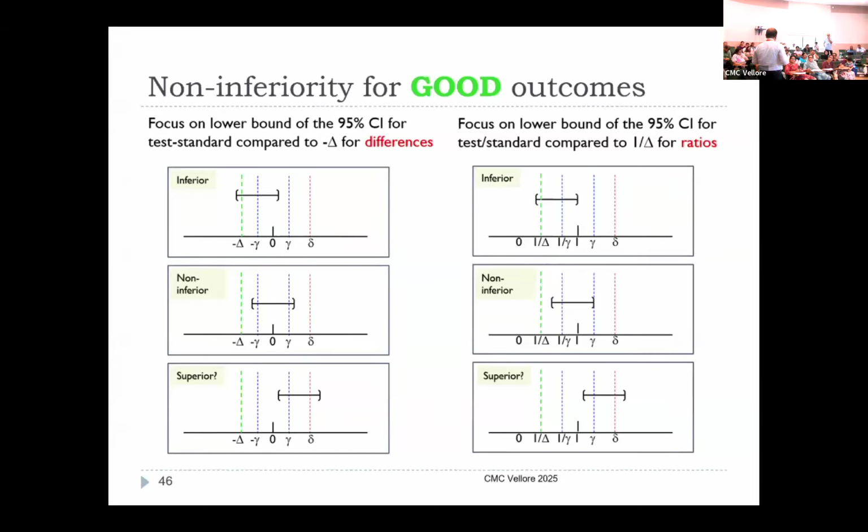So, when the query is whether to phrase the hypothesis as a superiority or non-inferiority trial, it is always better to have a non-inferiority trial. Sometimes it helps you see that it is non-inferior, sometimes it shows you it is as good as the other one, so you can show equivalence or you can show superiority.